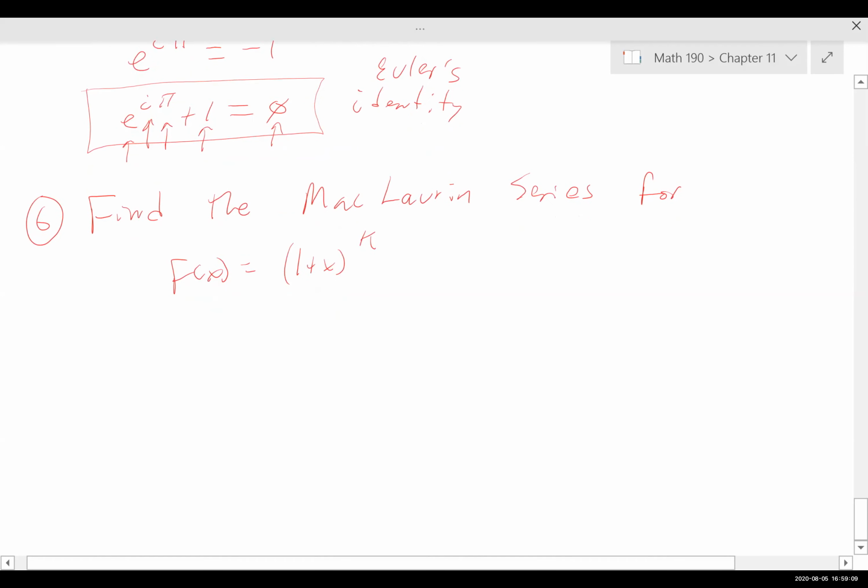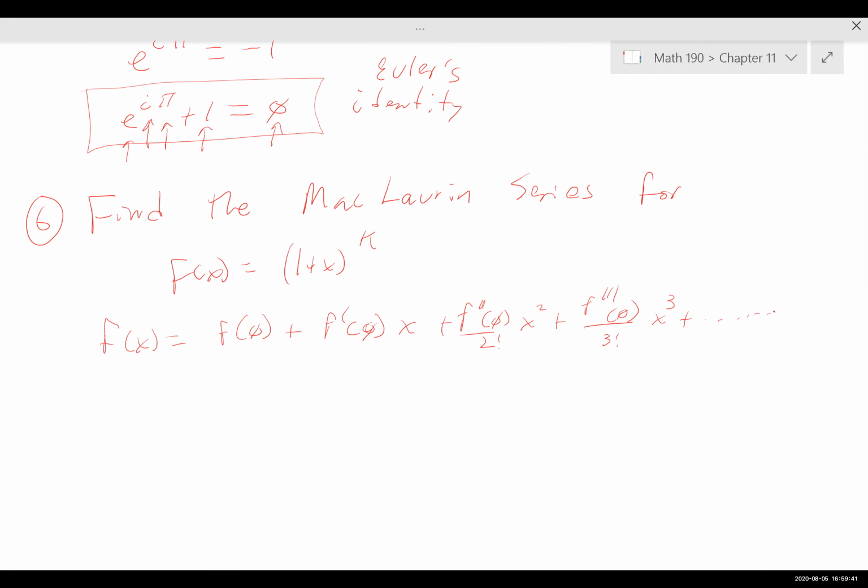What's the Maclaurin series? f of x is equal to f of 0 plus f prime of 0 x plus f double prime of 0 over 2 factorial x squared plus f triple prime of 0 over 3 factorial x cubed plus dot, dot, dot. This is another extremely famous formula we're going to derive with power series.